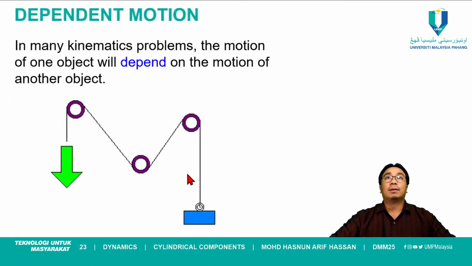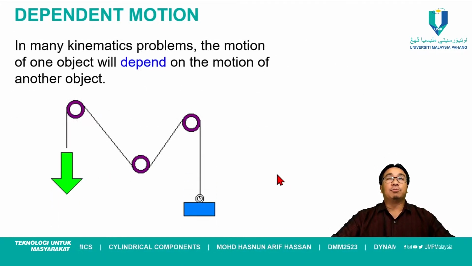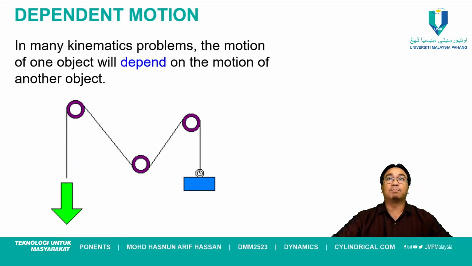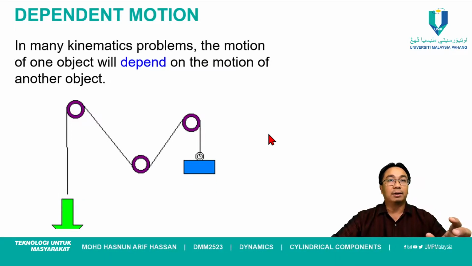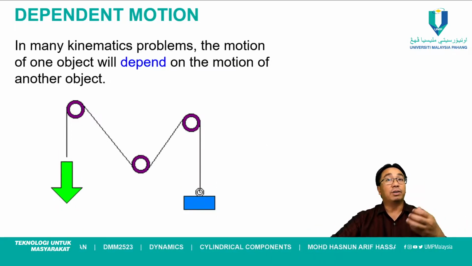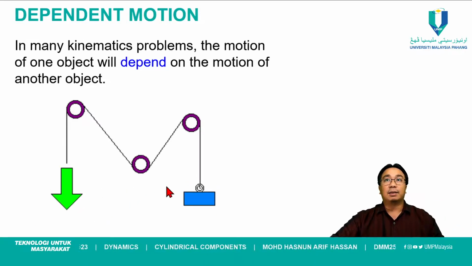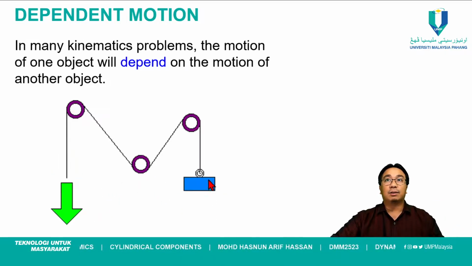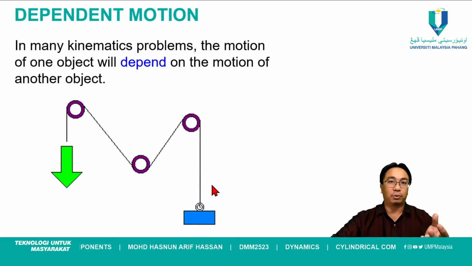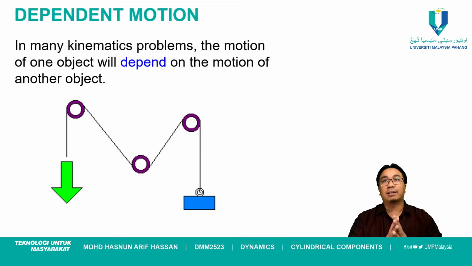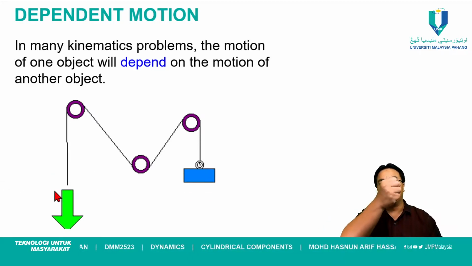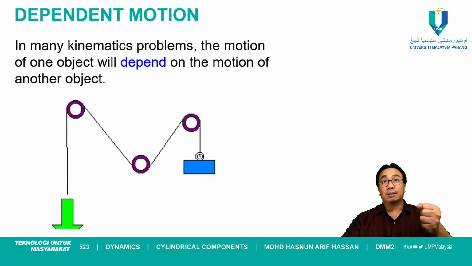Okay. Dependent motion ni apa? Dependent motion ialah in many kinematics problems, the motion of one object depends on the motion of another object. For example, if we have one mass yang color biru ini, it is a box or whatever object it is, and then there is a pulling force yang color hijau ni pulling the cord.